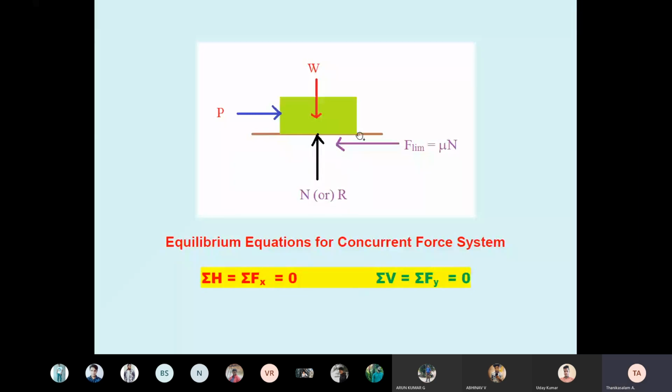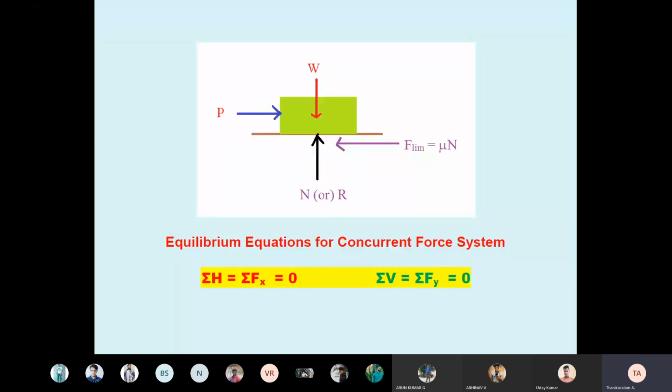So you have to consider this force system is a coplanar concurrent. Students, for this type of problems, you have to consider coplanar concurrent. What is coplanar? Forces lying in the XY direction, forces lying in a single plane, is called coplanar. What is concurrent? All forces meeting at a common point.